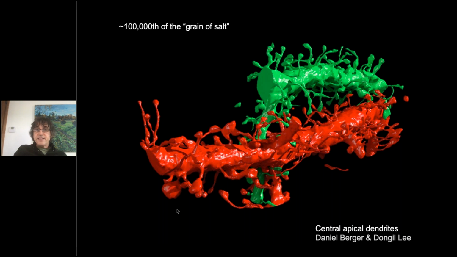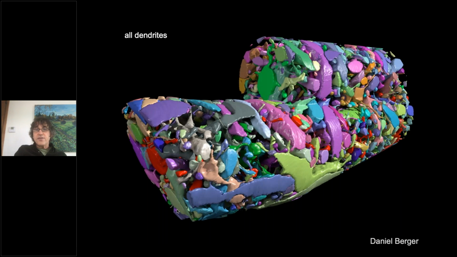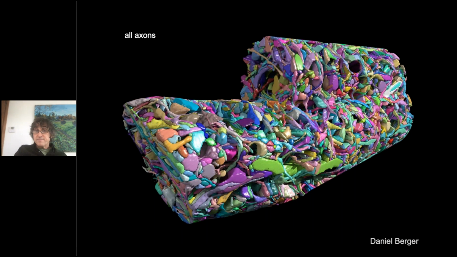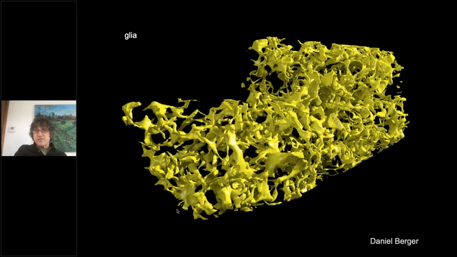And these little tiny slivers of brain, if you look around these two dendrites, are sitting many other dendrites and many other axons and many other glia cells.